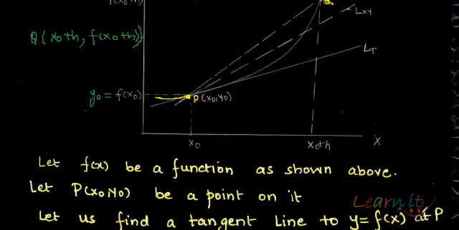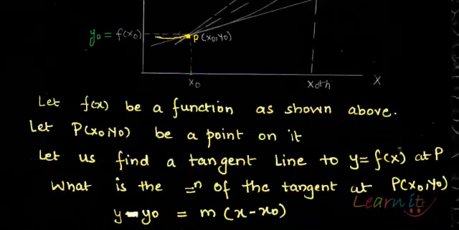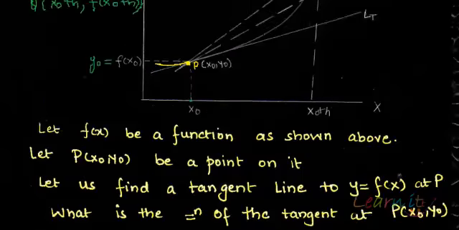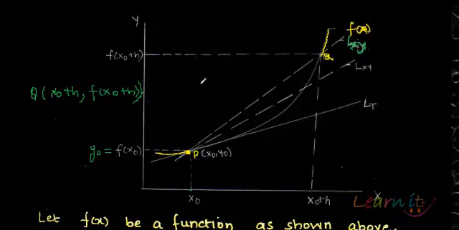Now moving down, let me see. We have a function out here, we have a point P out here. Let us find a tangent line to y equals f(x) at P. So our aim is to find a tangent line.